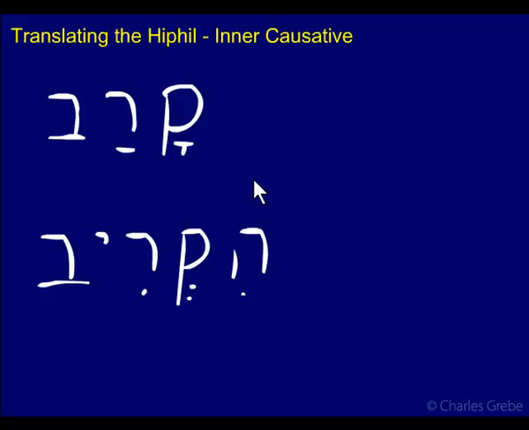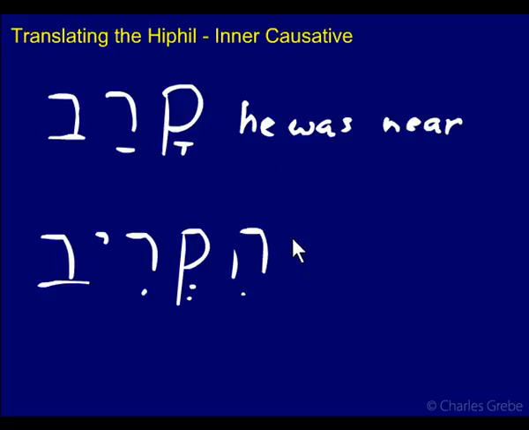We have karav. Karav means to be near, or literally, he was near. Okay. He was near. Now, there's an N there. Hikriv, in the Hiphil, if you want to translate this as an inner causative, it would be he drew near.